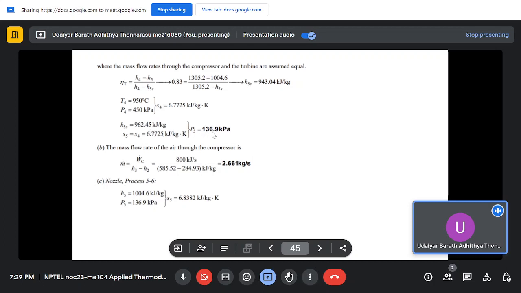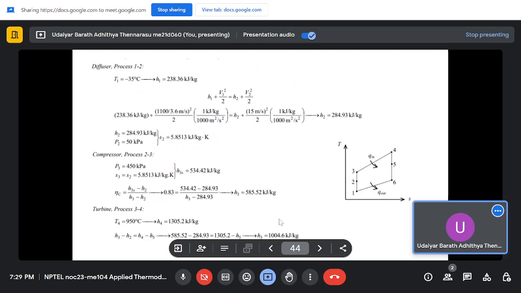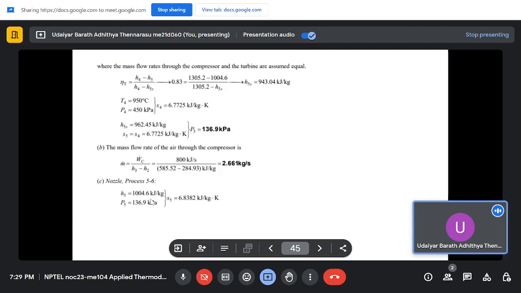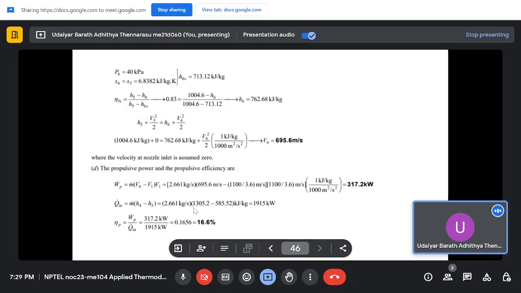So for 136.9 kilopascal and enthalpy of 1004.6 kilojoule per kg, we get an entropy of 6.8382. For the same entropy and the exit pressure of 40 kilopascal, we find the enthalpy as 713.12 kilojoule per kg. Now the nozzle also has an efficiency of 83%, so the actual exit enthalpy is 762.68 kilojoule per kg.